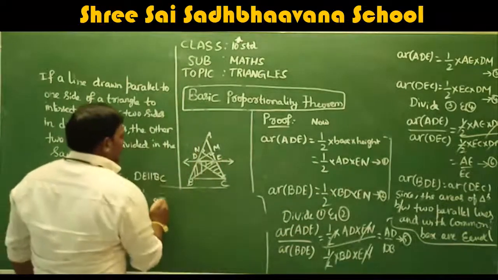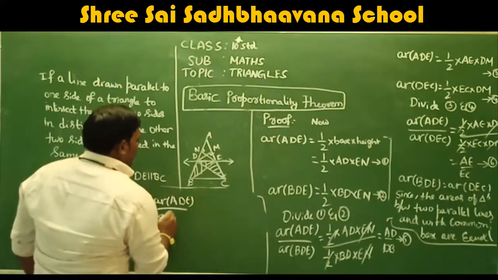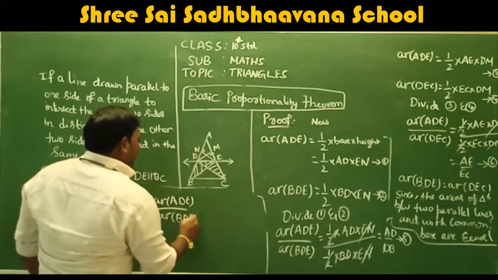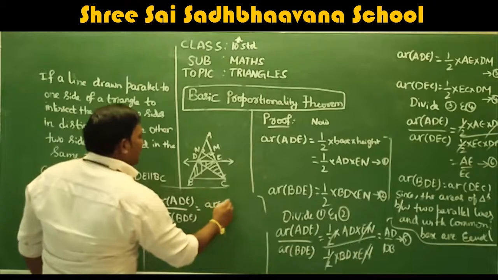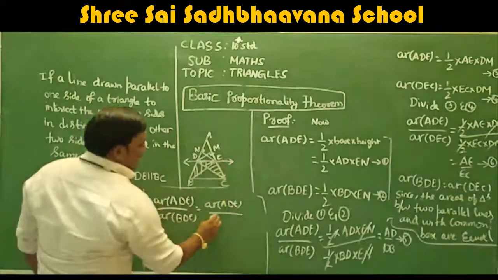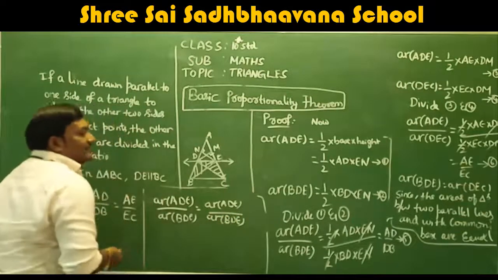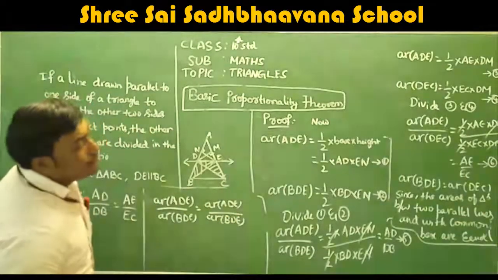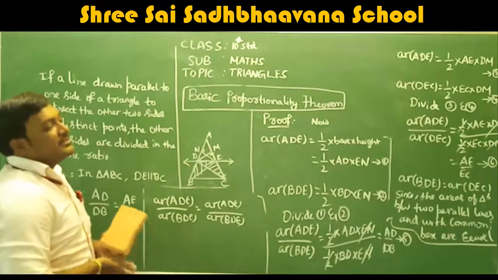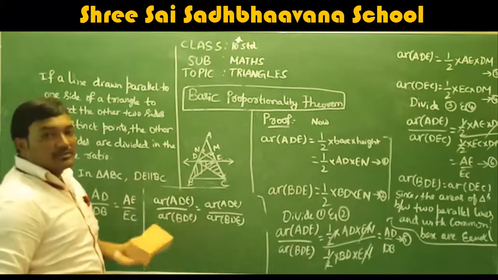So what happens? Area of triangle ADE divided by area of triangle BDE is the same as area of triangle ADE divided by, in the place of DEC, area of triangle BDE only because they are the same. In equation 6, you replace area of triangle DEC with BDE because both are the same.